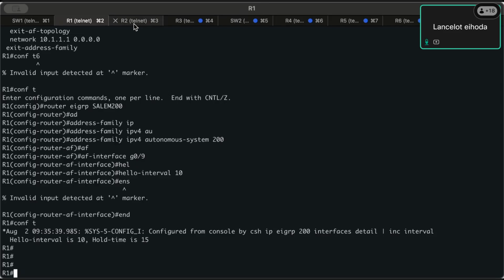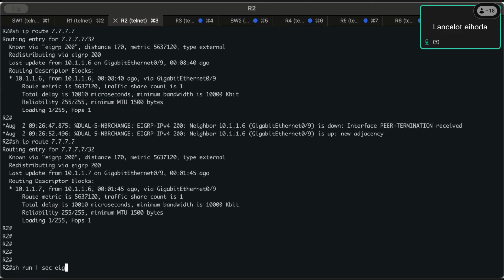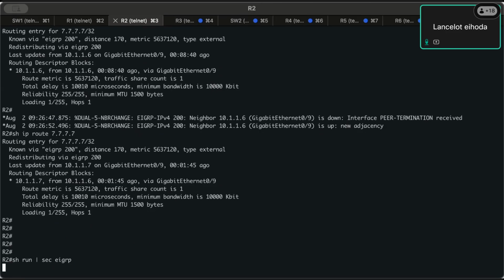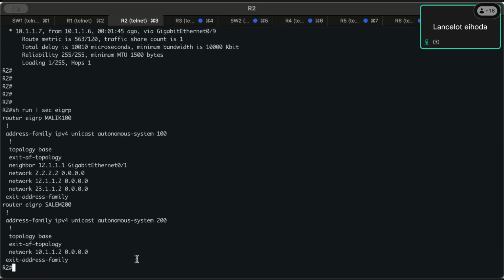So, show run section EIGRP. So, EIGRP 200 here is still Salem, yeah? Yes.